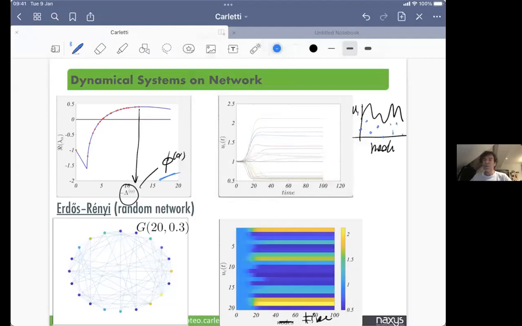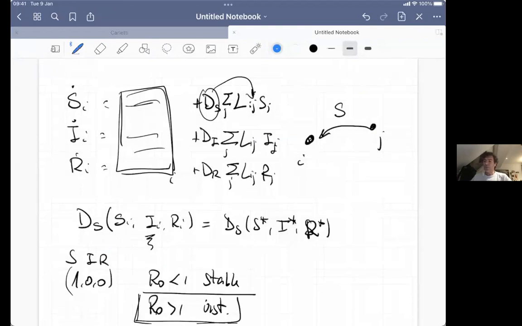So there is a correlation between the entries of the eigenvector, the critical one, and the patterns. This means that if you go back to your SIR model on a network, you can predict which cities will have a larger number of infected persons by looking at the critical eigenvector.